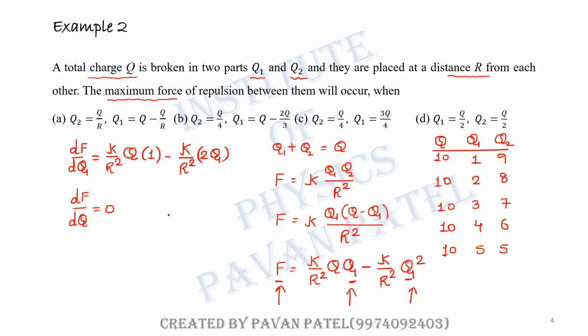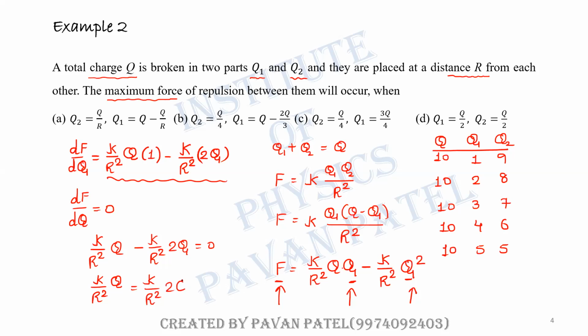So dF divided by dQ1 is 0. Differentiation of F with respect to Q1 is 0. That means the whole right hand side should be 0, and therefore K divided by R square into capital Q minus K divided by R square into 2Q1 is 0. Therefore Q times K divided by R square is equal to K divided by R square into 2Q1.